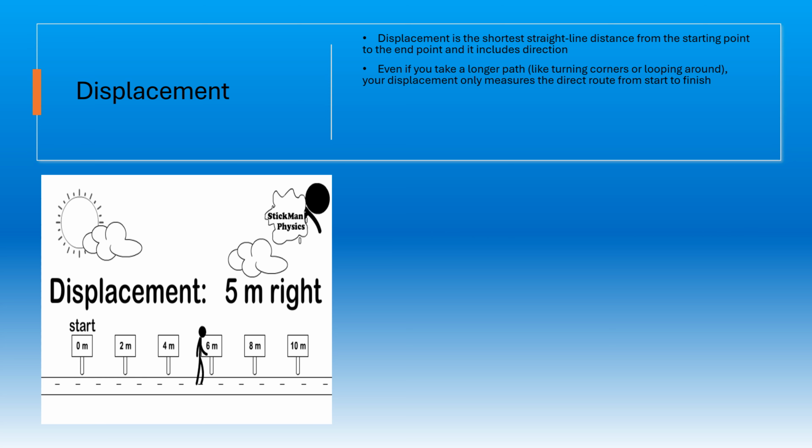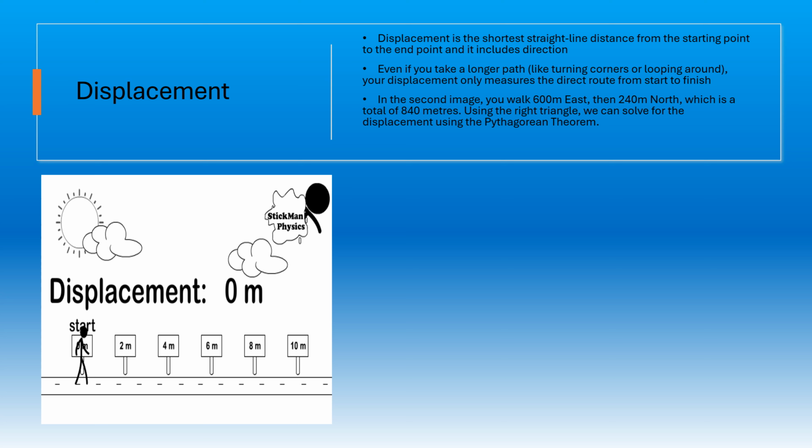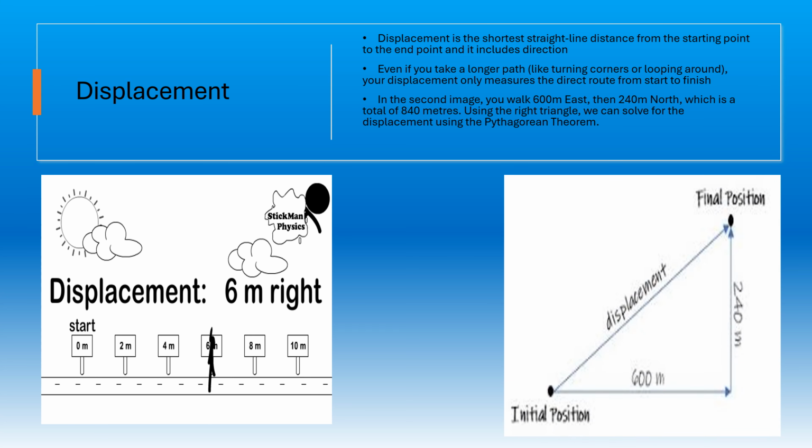For example, in the second image, you walk 600 meters east, then 240 meters north, which is a total of 840 meters. Using the right-angled triangle, we can solve for the displacement using the Pythagorean theorem. So here's the second image.